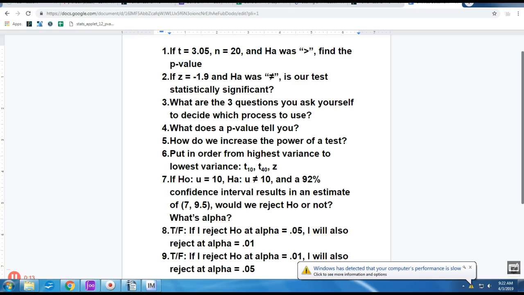So on Tuesday. So listen here. It was T sub 10, T sub 40, and Z. That's supposed to know what.